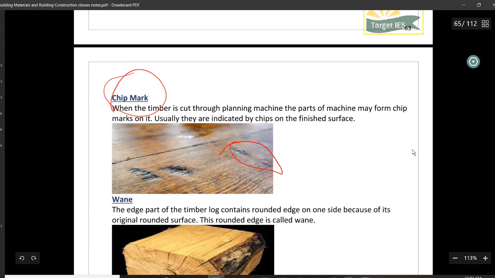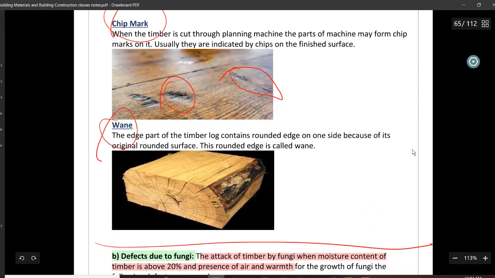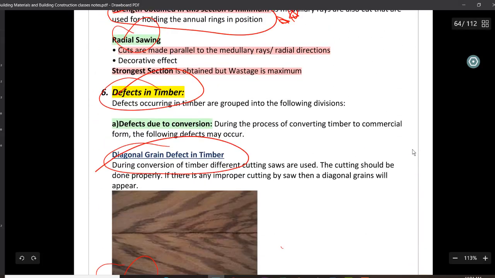And next, vein. Whenever you are cutting the tree, sometimes the rounded portion comes along with the log. This type of defect we call vein. The rounded edge is called vein. Obviously it will affect the properties of wood. Done. So these are some defects due to conversion.